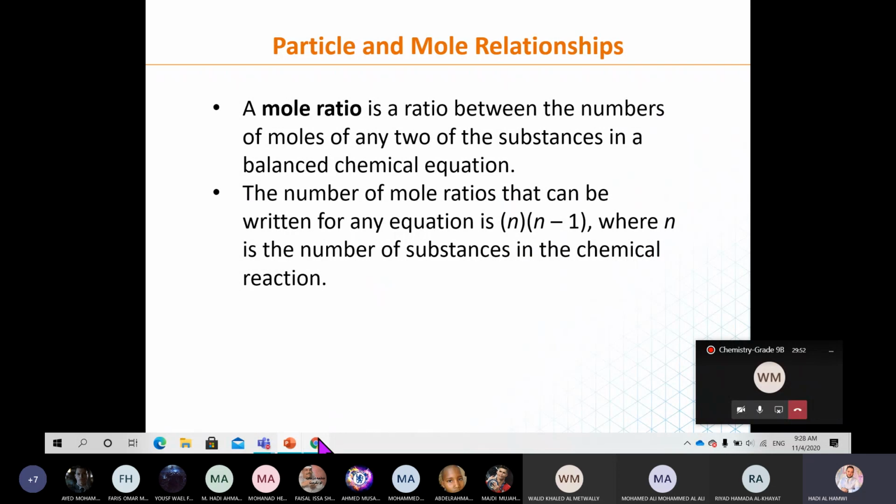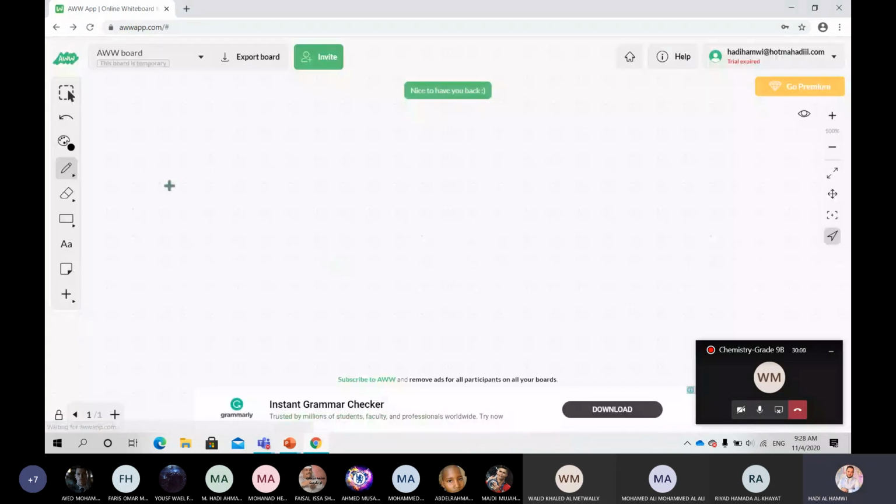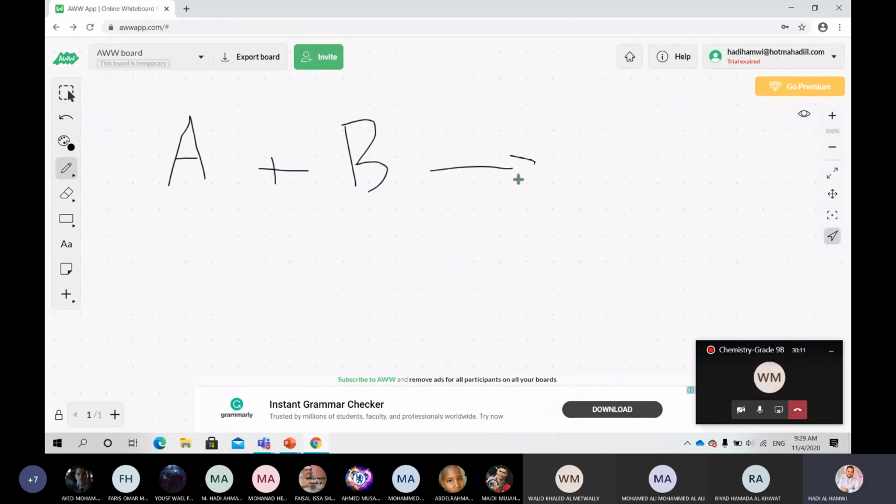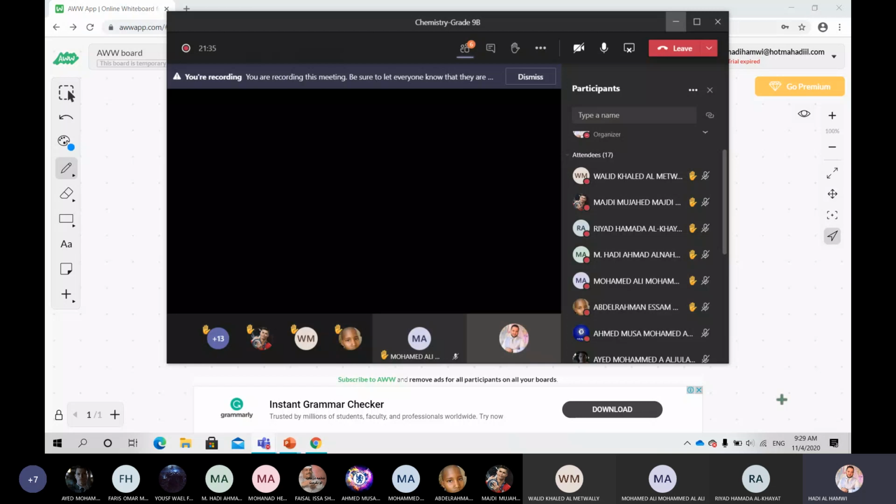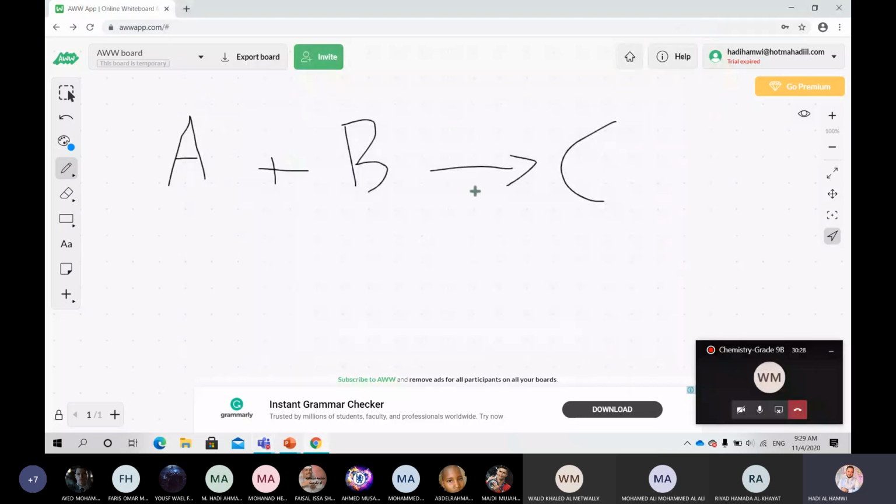I will do another one. Look here, for example, I have A plus B gives C. Kareem, how many substances do you have in this chemical equation? 3, very good.